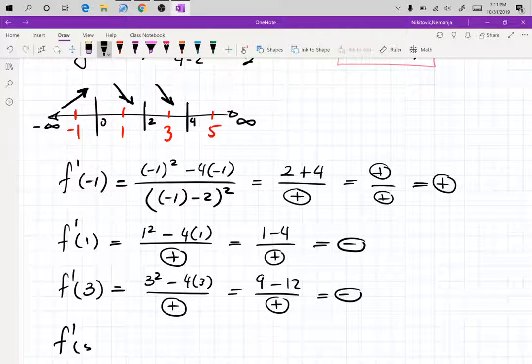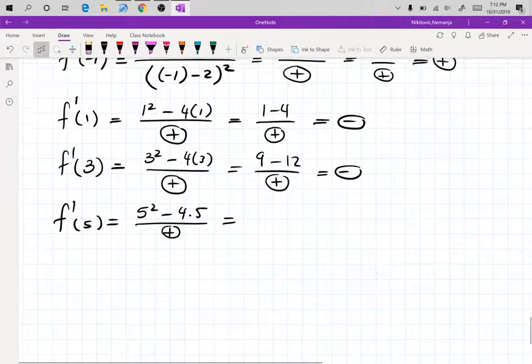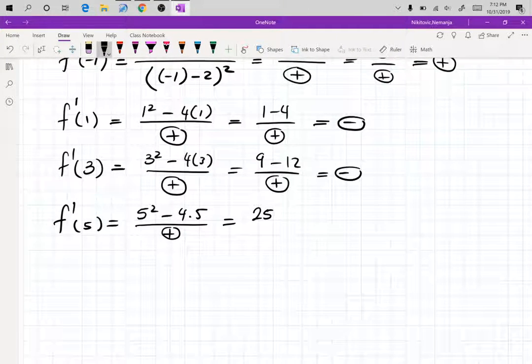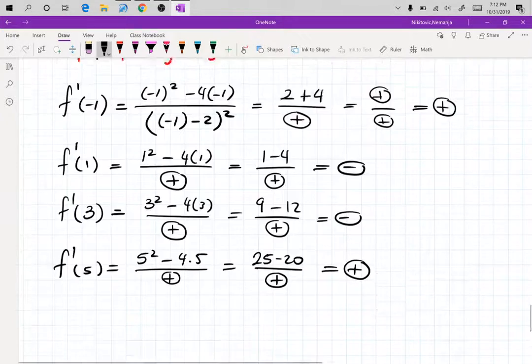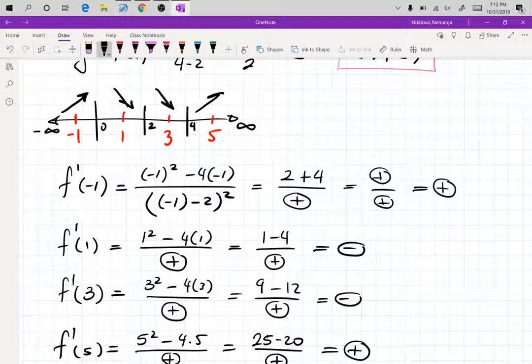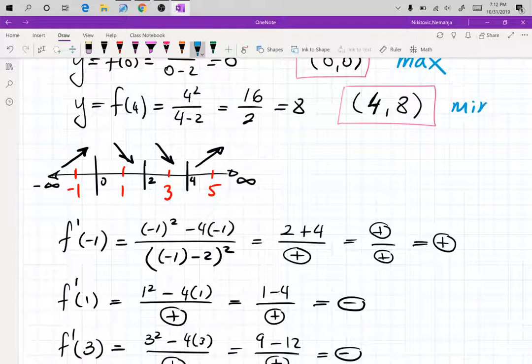F prime at 5. 5 squared minus 4 times 5 divided by a positive number is 25 minus 20 divided by positive. Positive divided by positive is positive, and we have an increase. What we get for free is that at 4 we have a minimum.